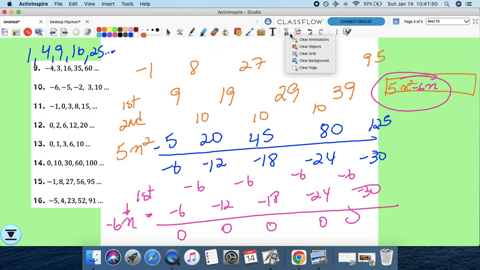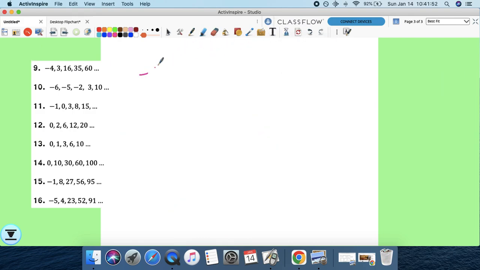And then we have one more. Negative 4, 5, 4, 23, 52, 91. So from here to here is 9. From 23 to 4 is 19. They're the same numbers here.